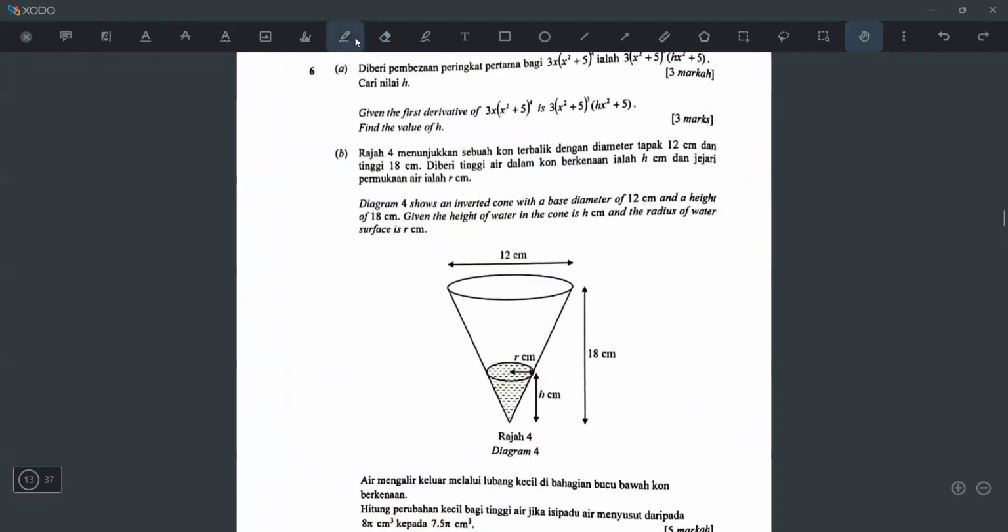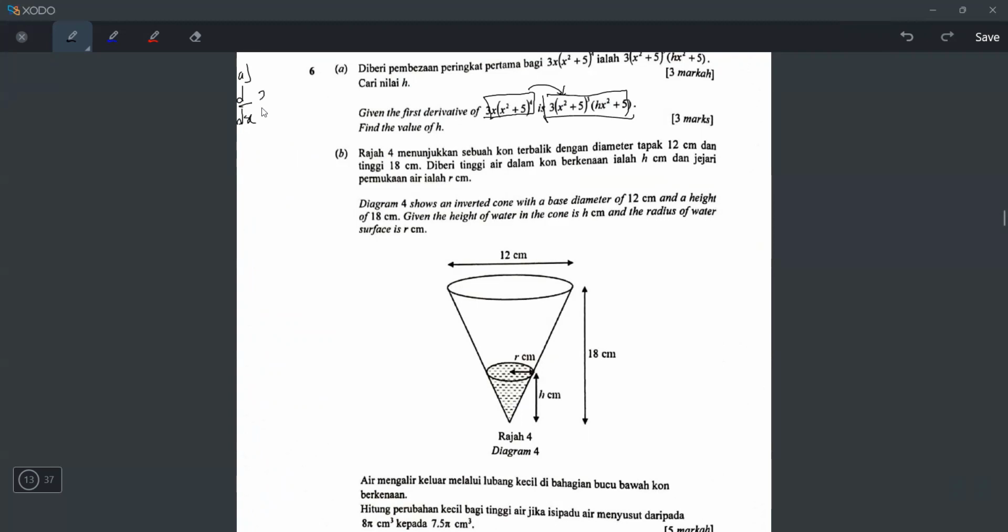So I will just write here soalan A. So they say the first derivative means d dx. Okay, means differentiate. Differentiate this thing, you will get here, right? So differentiate 3x bracket x squared plus 5 power 4 equals to this thing, right?